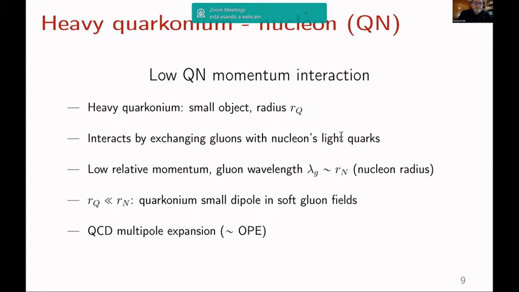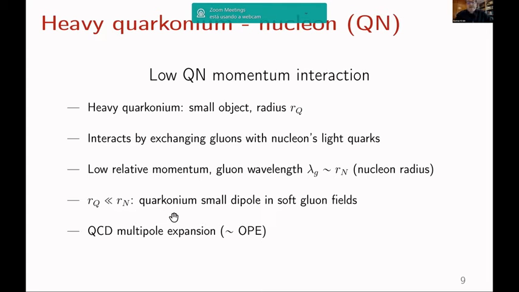So at low relative momentum, the gluon wavelength is of the order of the nucleon radius, and since the size of the heavy quarkonium is less, depending on which heavy quarkonium you are talking about, it is much smaller than the nucleon radius.